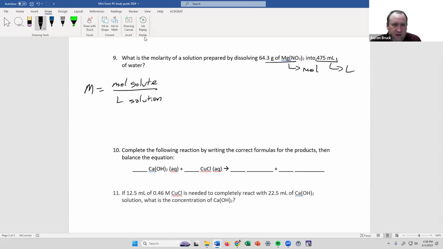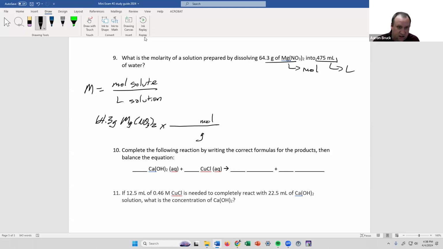So starting with the moles, 64.3 grams of magnesium nitrate. To turn the grams into moles, I'm going to need a molar mass. For that, I'm going to need my periodic table. Magnesium is 24.31. Nitrogen is 14.01, and there are two of them.